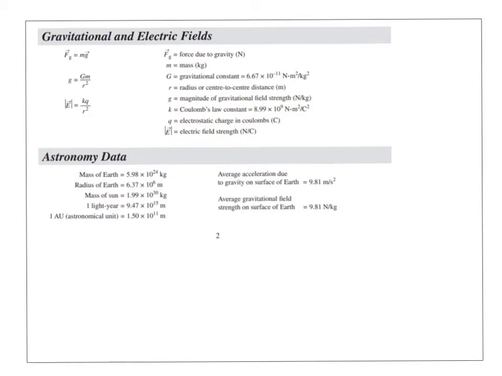Now, in your data booklet, we have 2 formulas that we're going to use to look at gravitational fields and electric fields, and you'll notice some similarities. If I were to take the electric field and graph it as a function of distance, or I were to take the gravitational field and graph it as a function of distance, in both these relationships, those are inverse squared relationships.